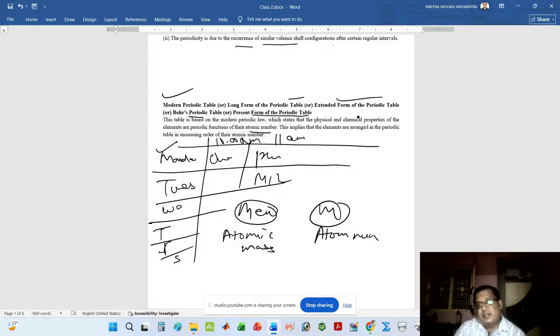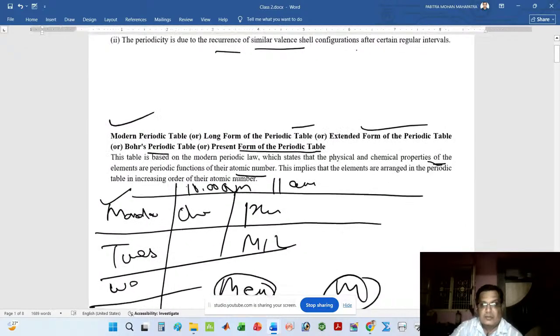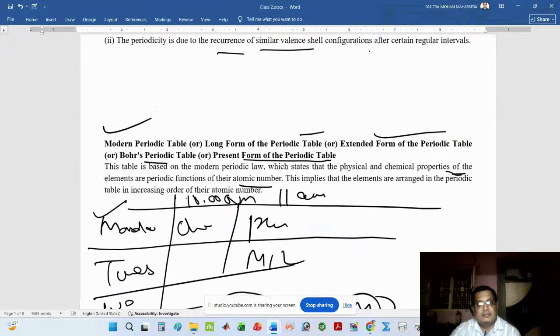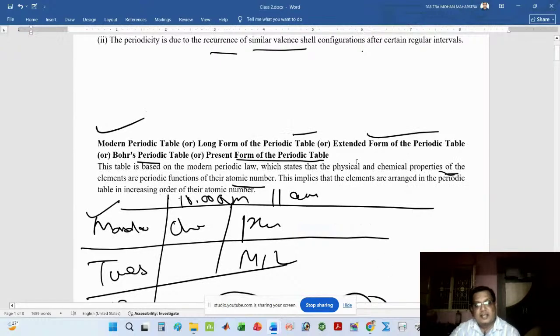In Mendeleev's periodic law, you can say that the physical and chemical properties of the elements are the periodic function of their atomic mass. I want to repeat.